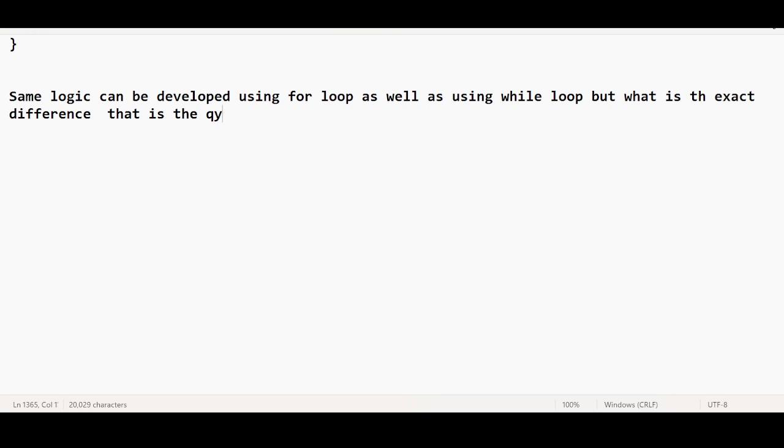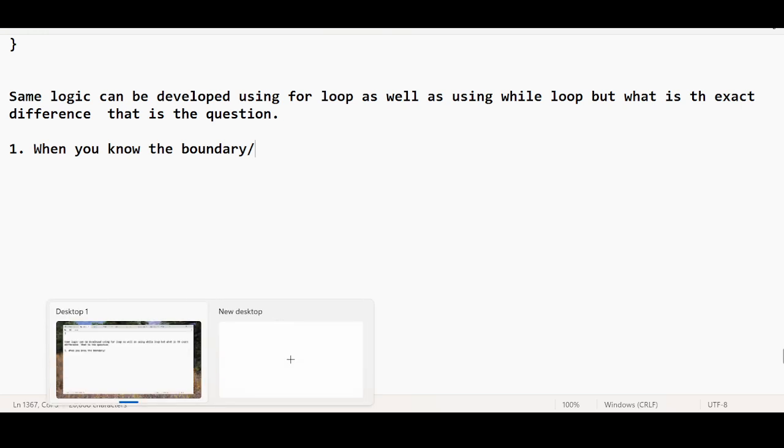So theoretically the answer can be like this, so for the time being, please try to observe this answer. When you know the boundary is fixed, or I can also say, when you know how many iterations in advance.